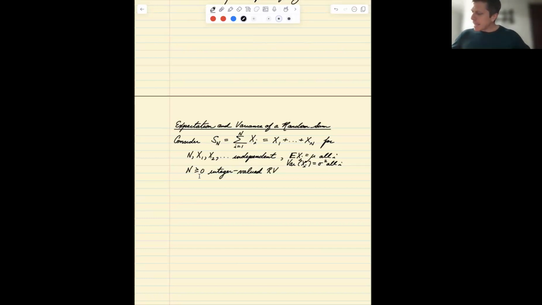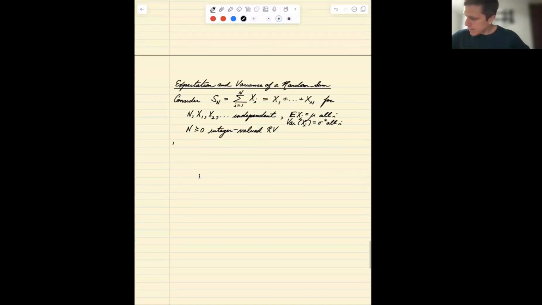What is the expectation and variance of S sub n?